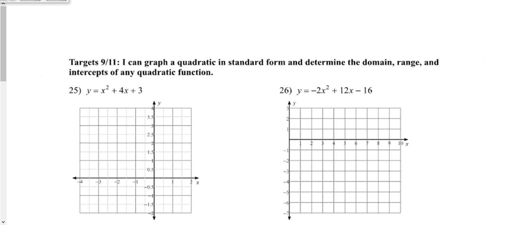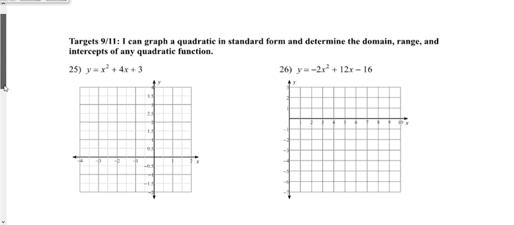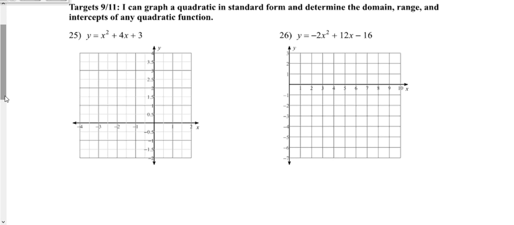And then we move on to your standard form graphs here on targets 9, and then 11 is just all the information we find about it. So let's go ahead and find your vertex first. To find your vertex, we're going to do x equals -b over 2a.